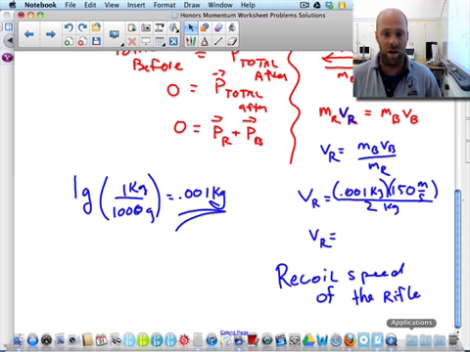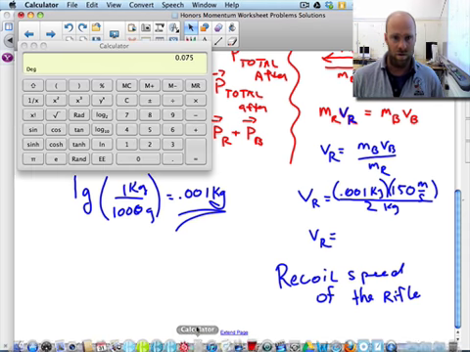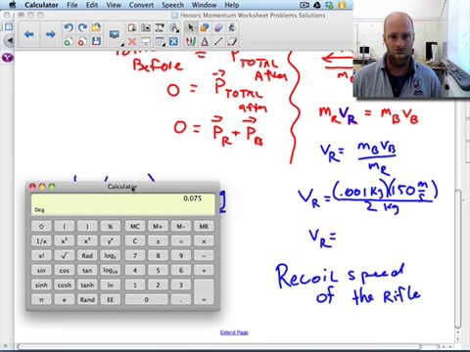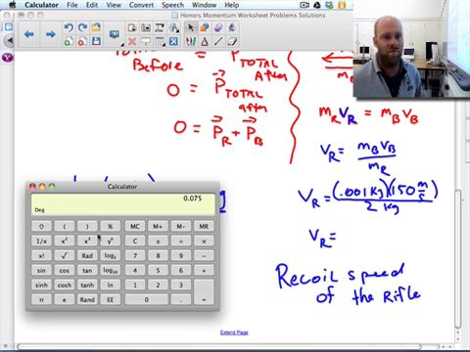And let's see what we get. We got 0.001 times 150 equals, divide by 2 equals, yeah, 0.075.